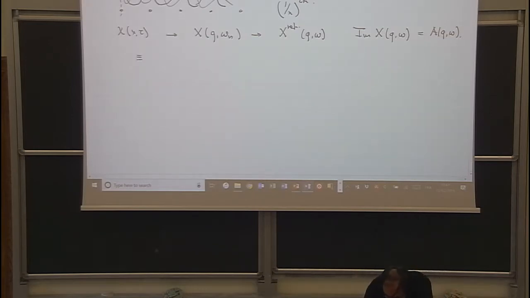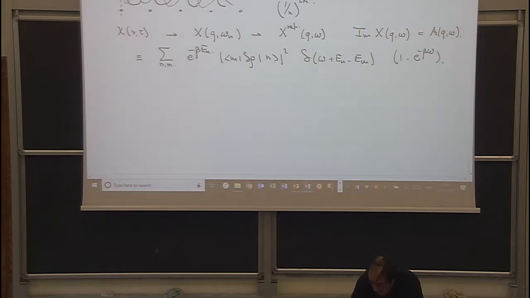It's essentially the sum over n and m of exponential of minus beta e_n, where n are the exact eigenvalues. Then I get a density fluctuation which couples to the state m, modulus squared, delta of omega plus e_n minus e_m. And then there is a factor 1 minus exponential of minus beta omega, which is not really important. And this is the imaginary part of chi retarded of q and omega.